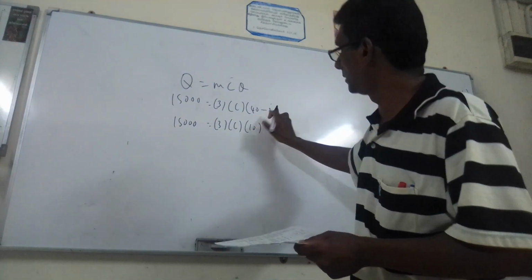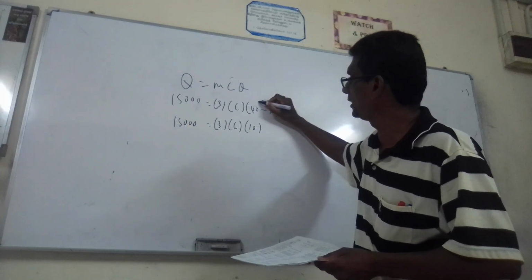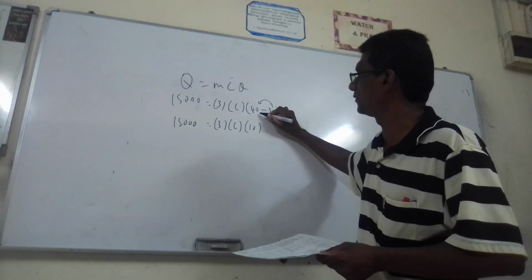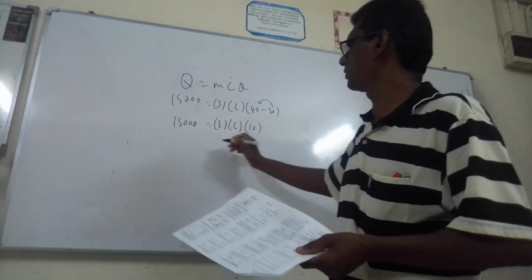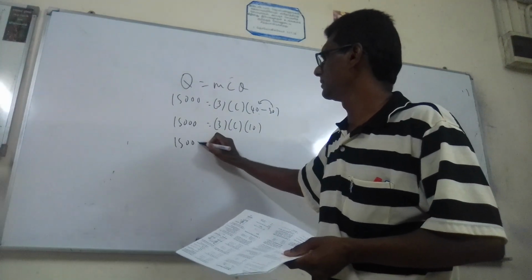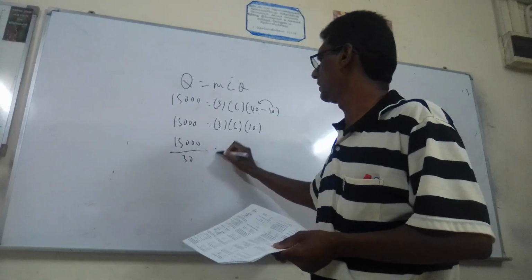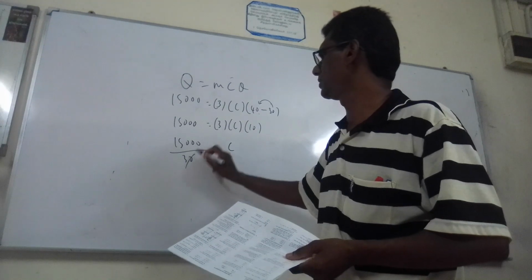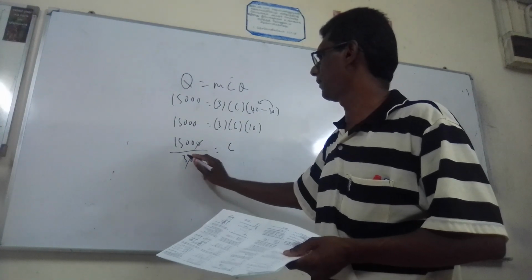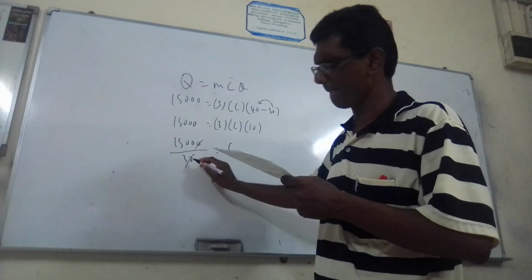So c is 15,000 divided by 30, which is 500.